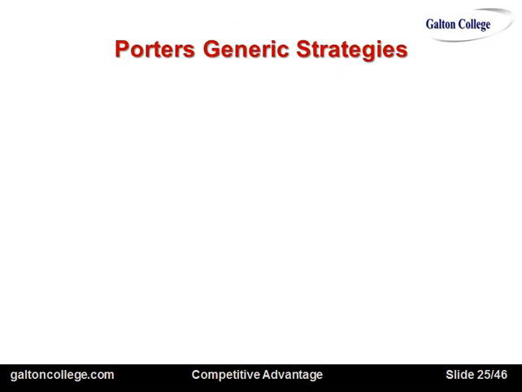Now there are different ways of looking at this whole cost advantage idea. Michael Porter put forward generic strategies, and these are the subject of separate videos, so I'm not going to deal with them in any great detail here. But at the same time, they do deserve a mention.